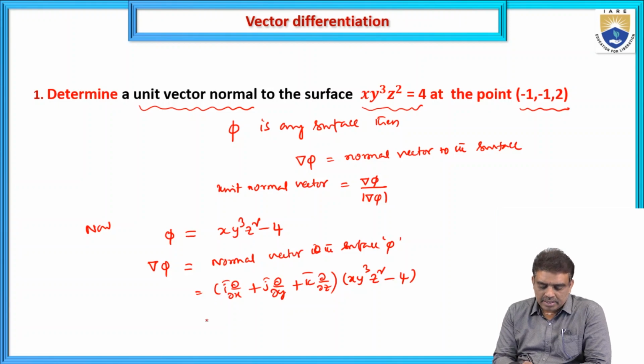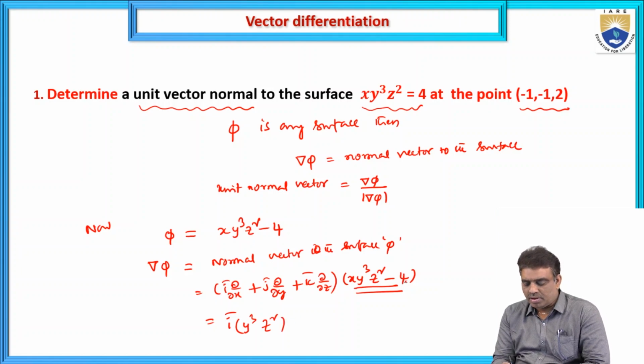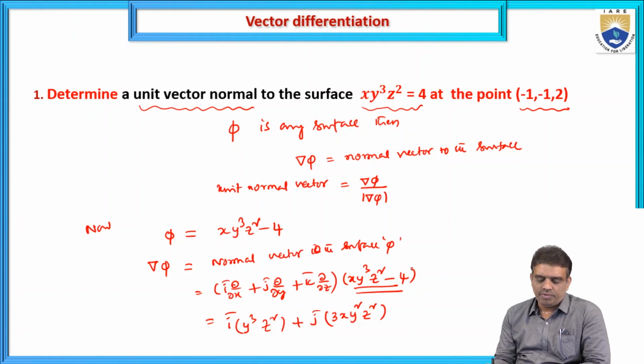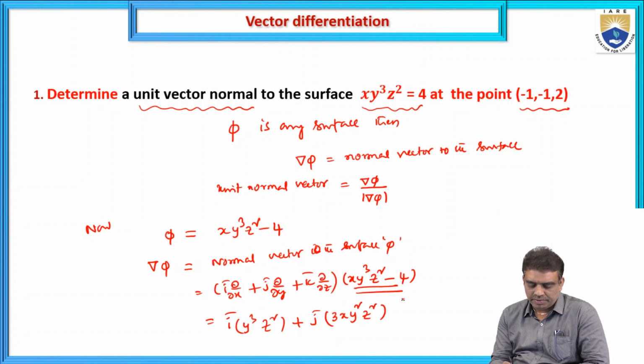On operating with each term, i bar into ∂/∂x of the entire term, that is, x gives 1, you will get y³z², and the derivative of 4 is 0. Plus j bar into ∂/∂y of the entire term, which is 3xy²z², and the derivative of 4 is 0 as in the first case.